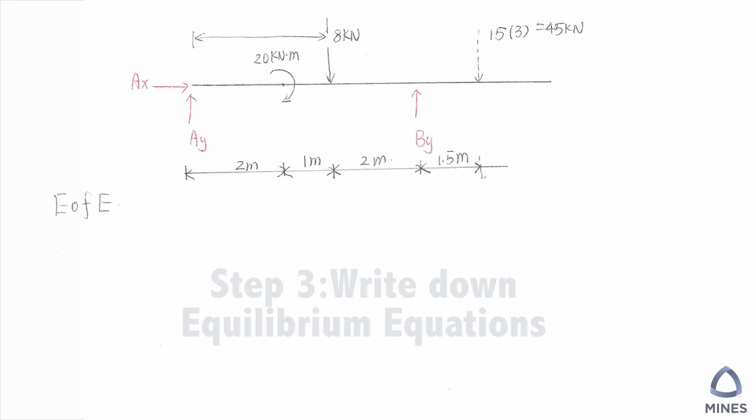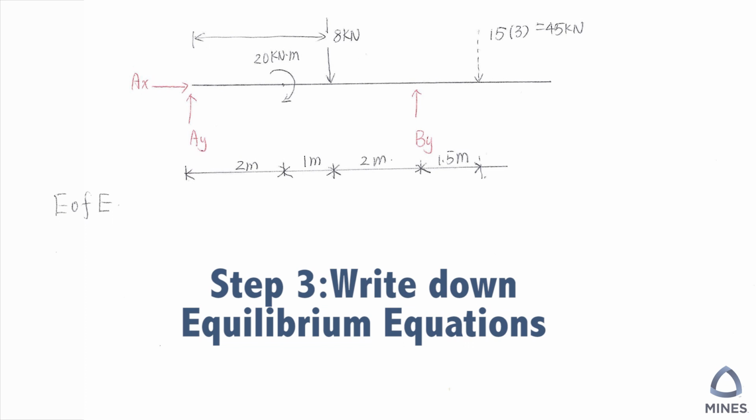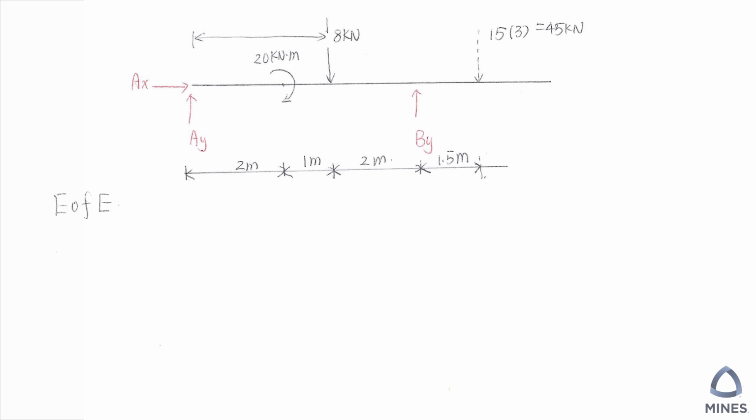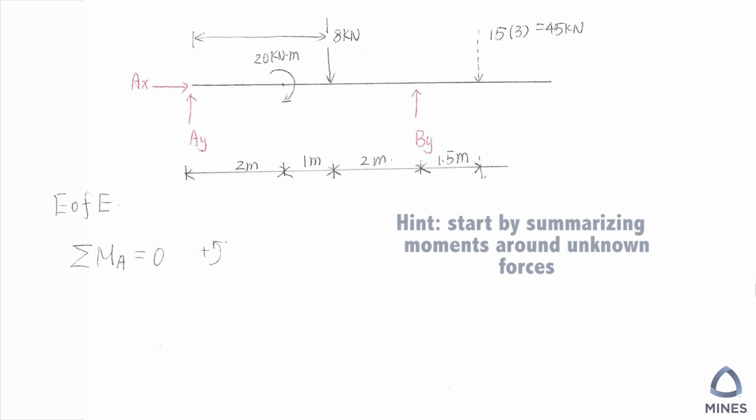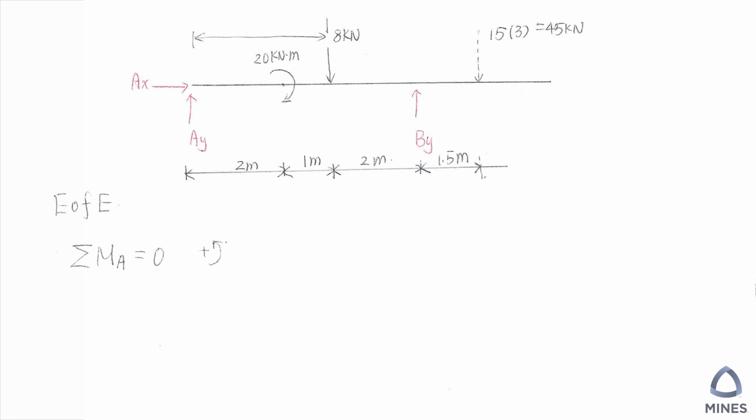So after you include all the forces and all the dimensions, you are ready to write down the equilibrium equations. Most of the time we sum moments around the point with the most unknown forces, which will be point A in our case, and counterclockwise moment will be positive. So now let's sum. We have 20 kilonewton, but clockwise is negative.